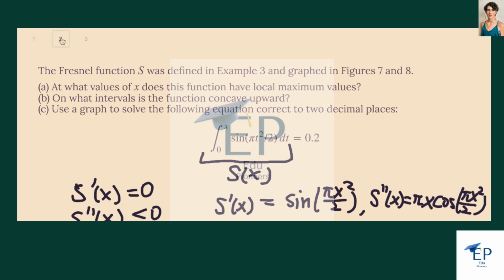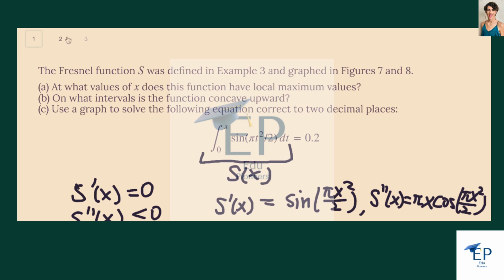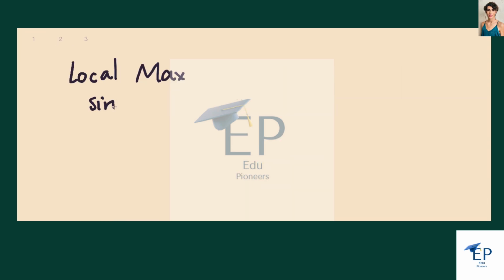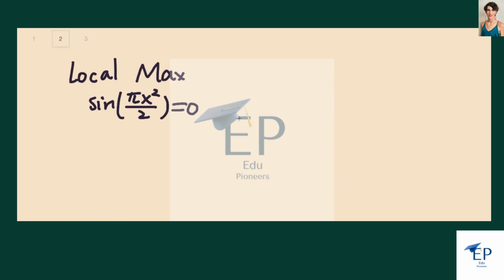So for a local max, we want this sine of pi x squared over 2 to be 0. Whenever sine of something is 0, that something should be an integer times pi.